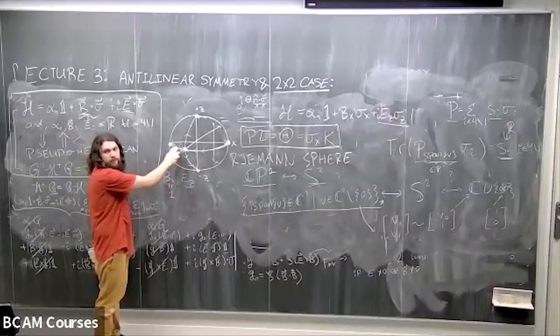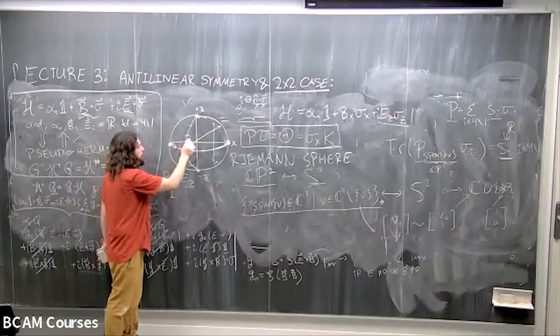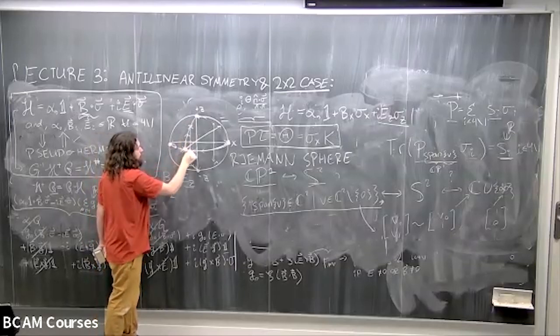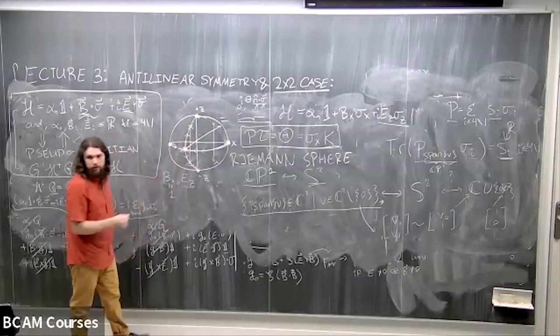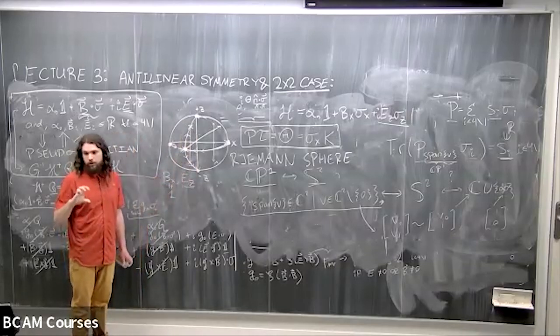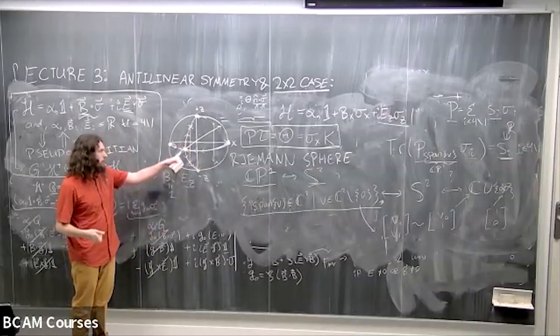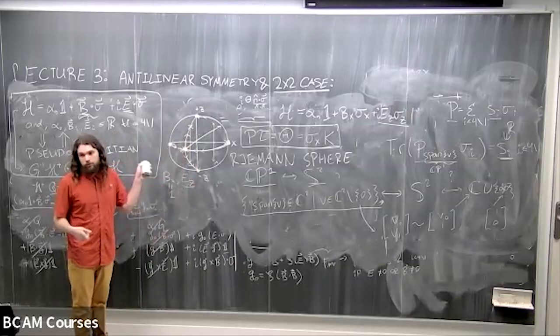If you apply the PT operation to an eigenstate that's on the equator, you get back to yourself. But after you leave the equator, this eigenstate will get mapped into this eigenstate. So the eigenstates are no longer invariant under PT after they leave the equator and cross through this exceptional point.